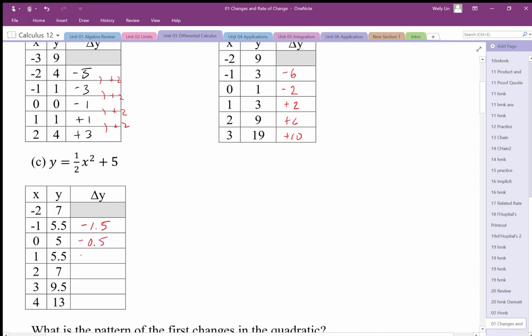Then we're going to go up 0.5. We're going to go up 1.5, and we're going to go up plus 2.5. From 9.5 to 13, we go plus 3.5. Again, you can see that the changes in y are linear changes. We're going up 1, plus 1, plus 1, plus 1.